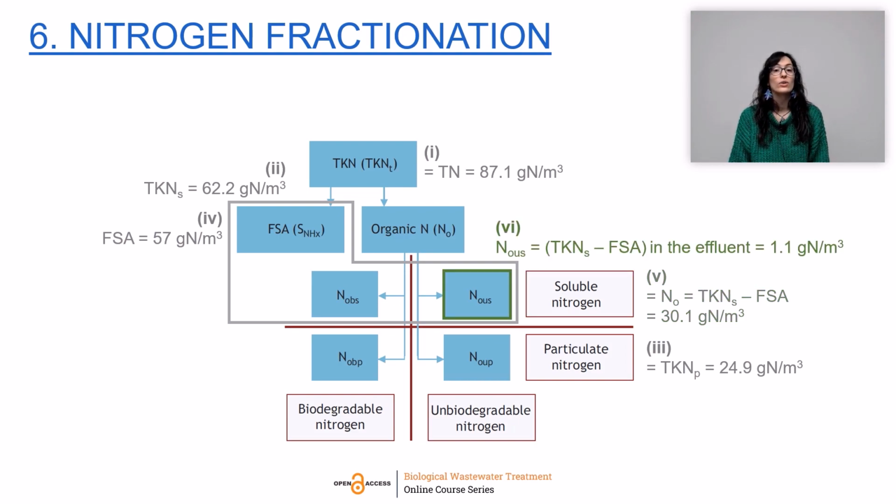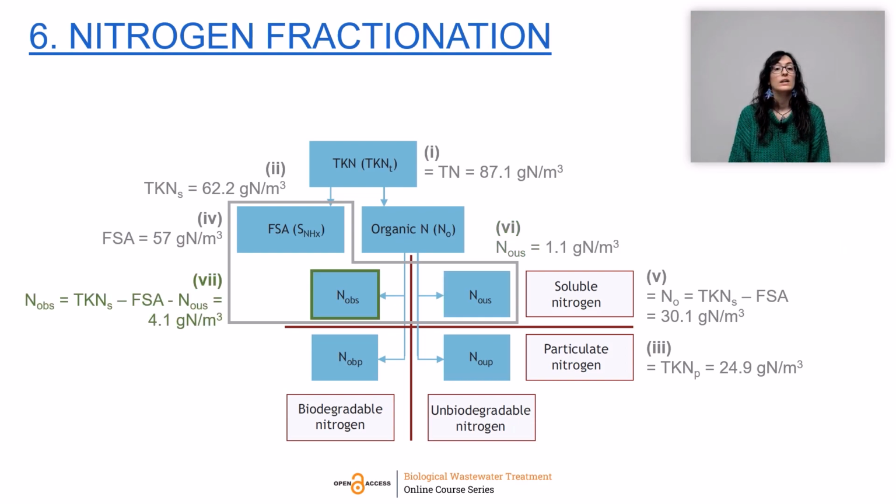We can now calculate the soluble and unbiodegradable nitrogen by assuming that it is the same as its concentration in the effluent. We can know the effluent concentration by calculating the difference between the soluble TKN and the ammonia concentration. Now we can calculate the amount of soluble biodegradable nitrogen as the difference between the soluble TKN and the ammonia and unbiodegradable nitrogen.